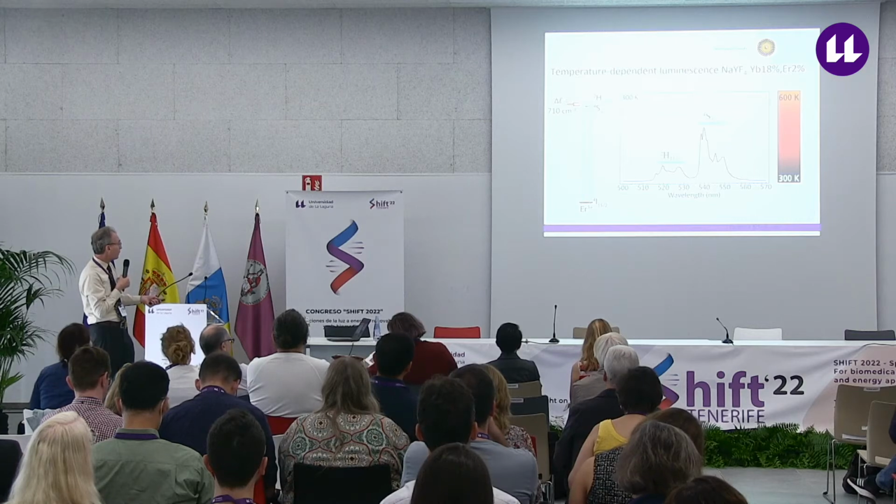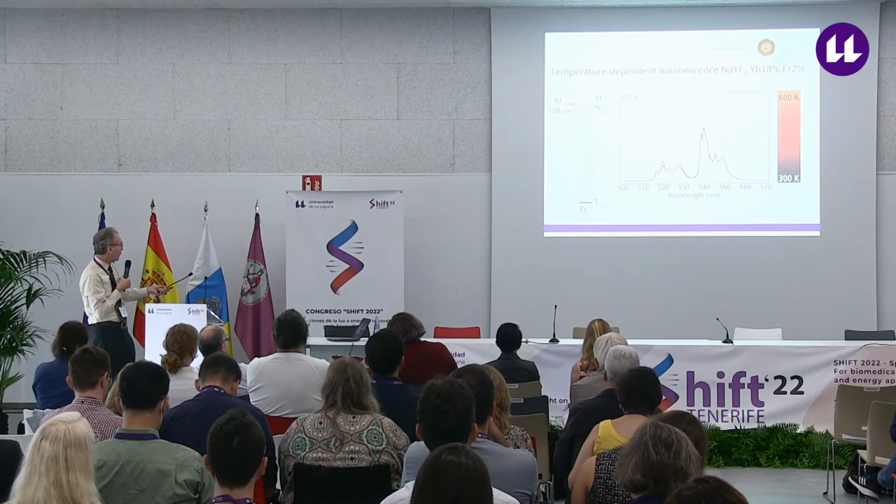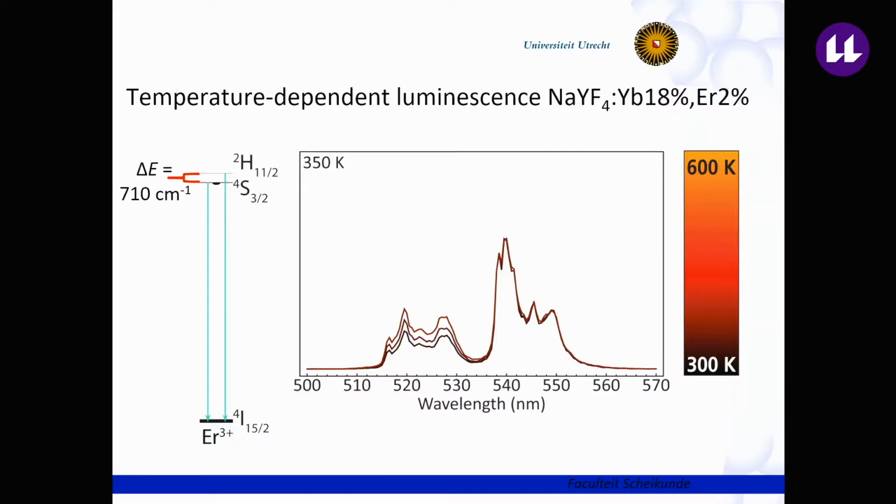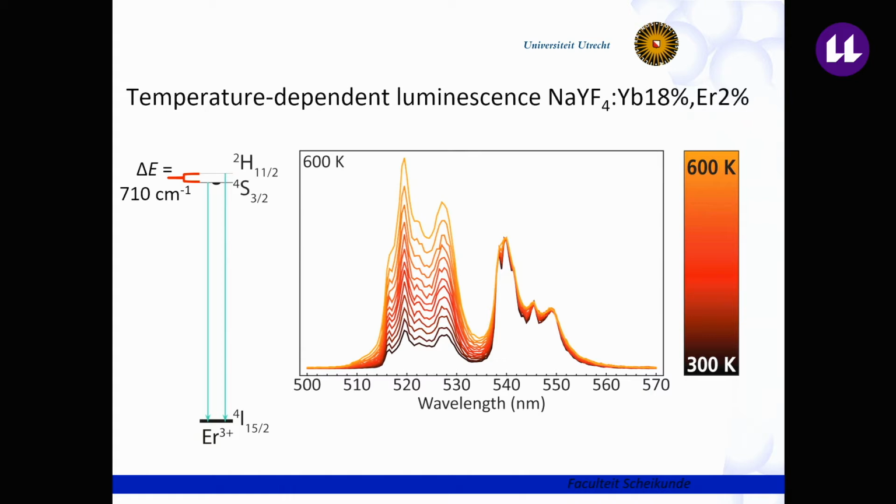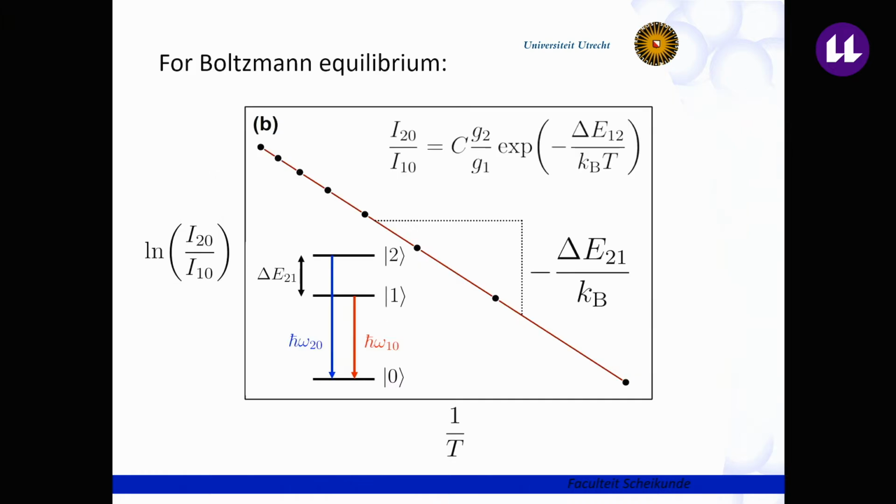And then if you raise the temperature and you scale it to the 4S3/2 emission, you see that the relative intensity of the 2H11/2 emission goes up, and up, and up. And from the ratio of the two peaks, and the nice thing of lanthanides is they have nice sharp emission lines, so you can very accurately determine the area for the 4S3/2 emission, the area of the 2H11/2 emission, and from the ratio of the two, you can deduce the temperature.